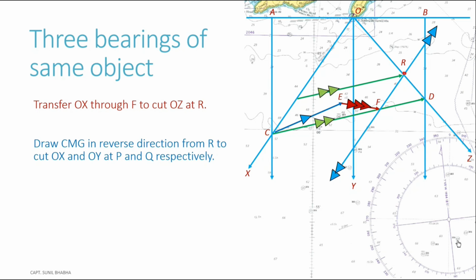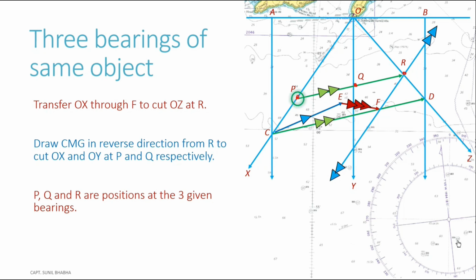Let's name the point where it cuts the first bearing line as P. You can see this P point on the chart. And let's name the point where it cuts the second bearing line as Q. You can see Q point also on the chart now. These three positions which you see, P, Q, R, are our positions at the three given bearings.